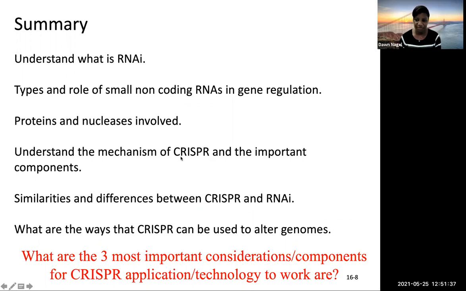We talked about having this Cas9 protein. We talked about having this guide RNA. We talked about the application for different organisms. We talked about you have to have this PAM site, right?